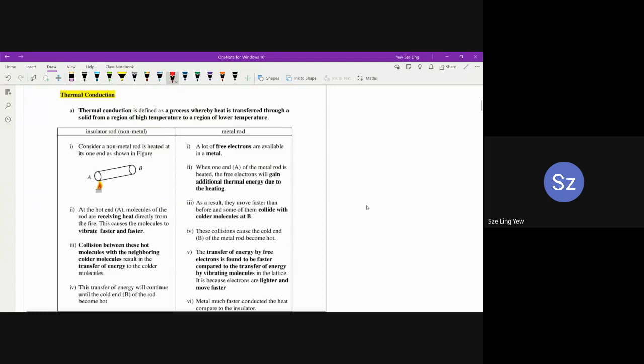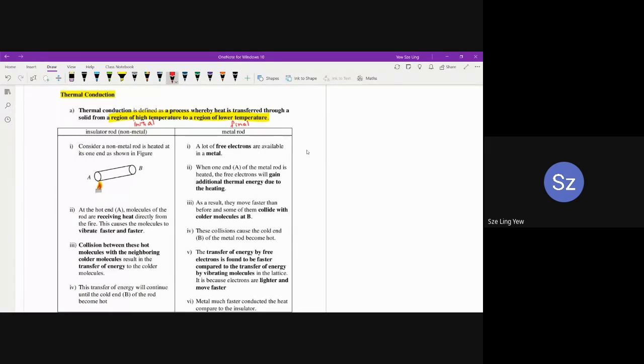Okay, so thermal conduction is defined as a process where heat is transferred through a solid from a region of high temperature to a region of low temperature. Now, if you look at this statement itself, what does it mean? From a region of high temperature to a region of low temperature. So it tells you the initial position is high temperature, and the final destination is the lower temperature end.